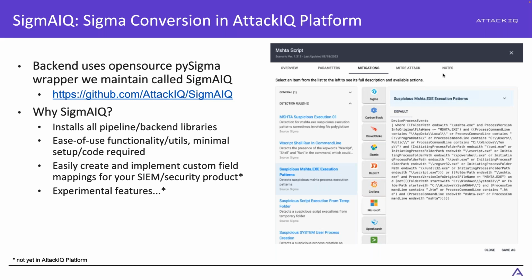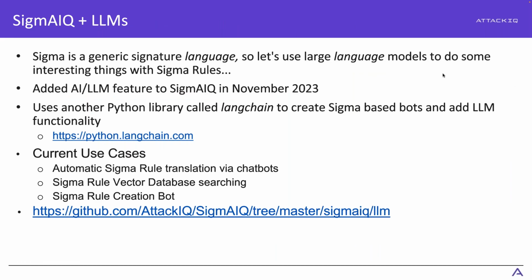With SigmaIQ, you can pass in any kind of data type and it will handle all that for you. One of the other things it does, which isn't in the product yet, is you can supply your own field mappings, from the original Sigma rule with the Sysmon field names to maybe a custom field that you have in your security product. It allows you to easily do that as well. Plus a bunch of cool experimental features, which I'm going to show off now.